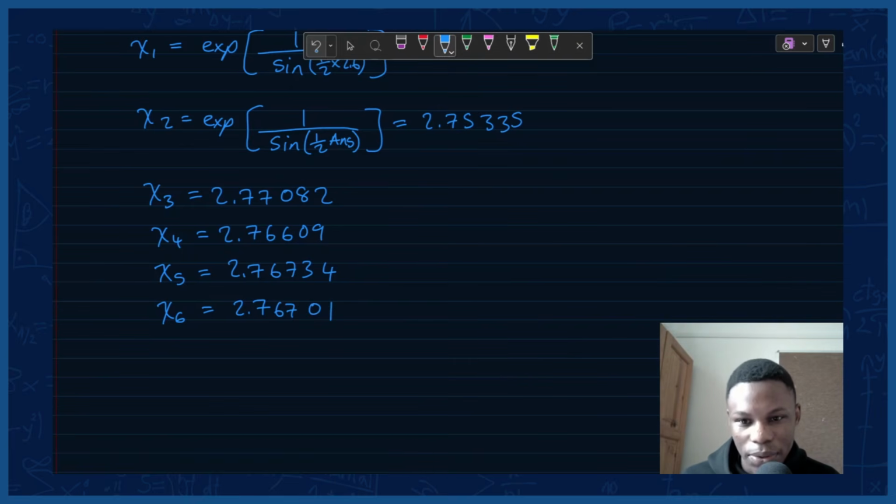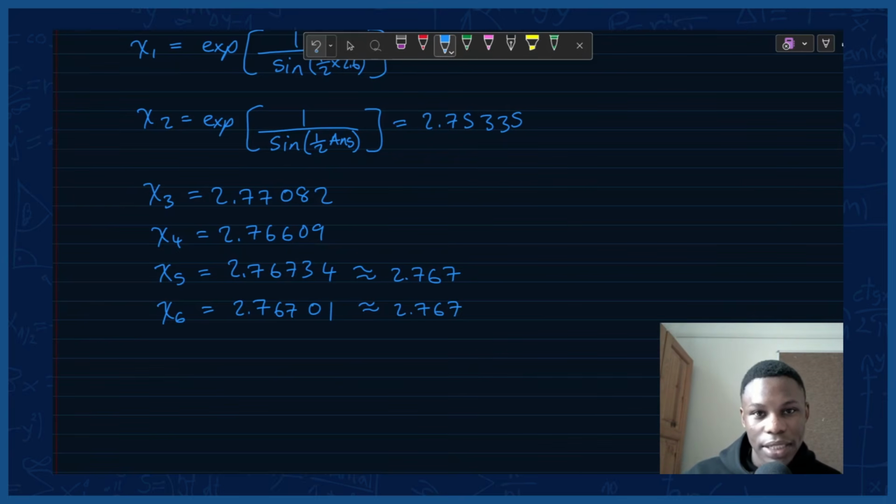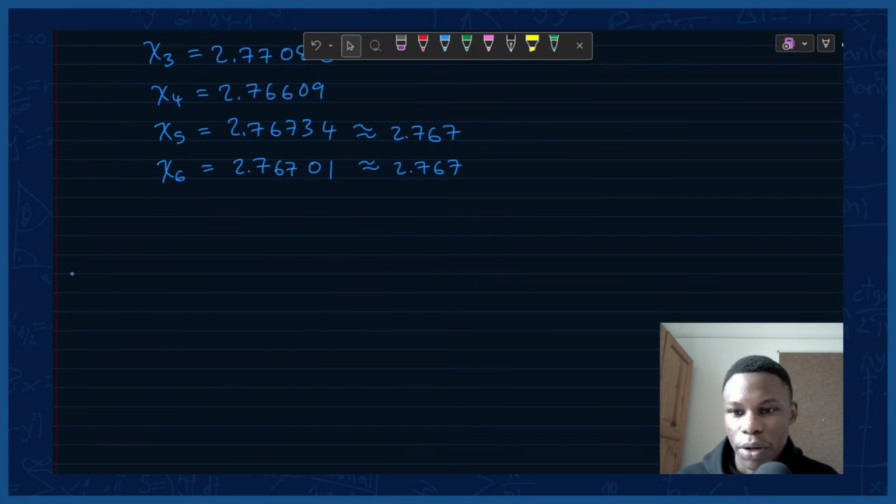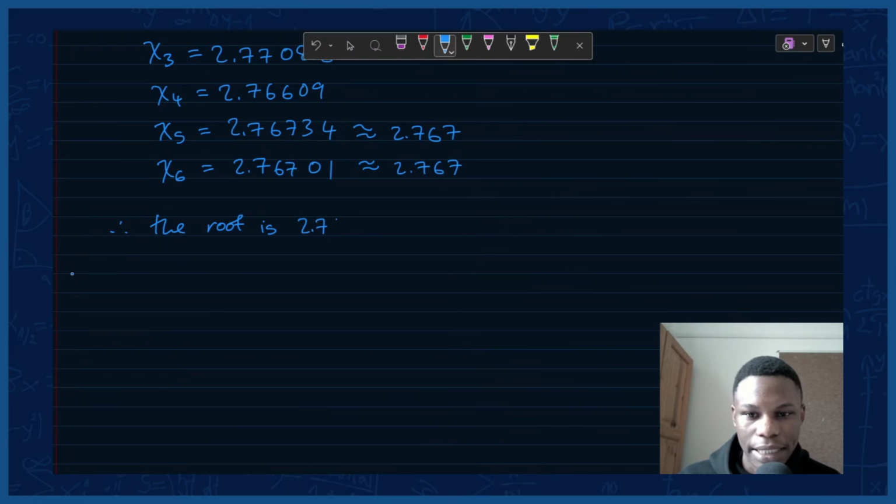This here is 2.767 to 3 decimal places. And this is 2.767 to 3 decimal places. So once you get 2 consecutive iterations with the same value, then you stop. That's your root. So therefore, the root is 2.767.